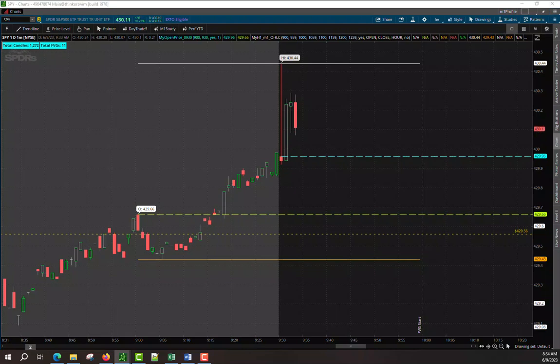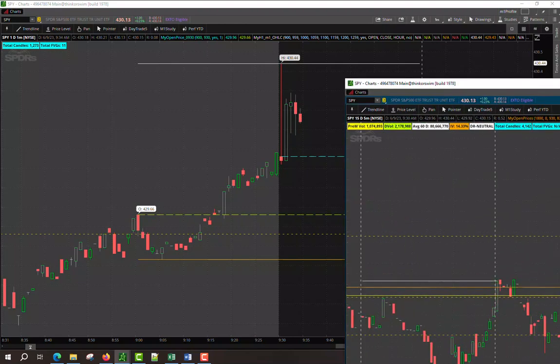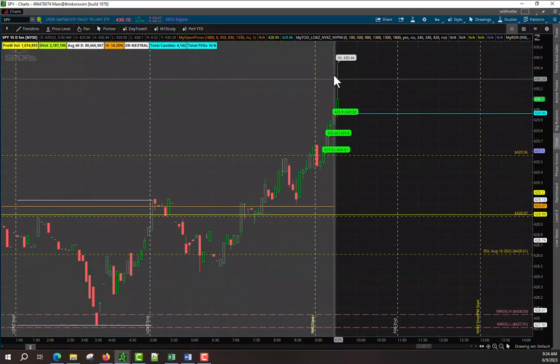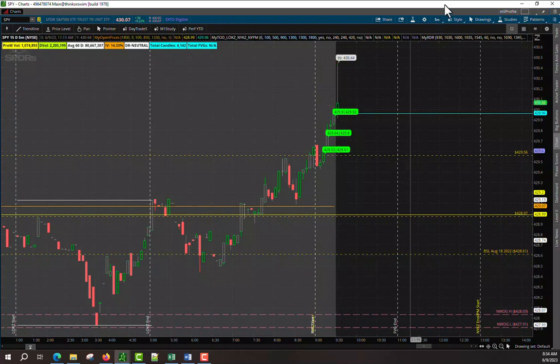Look at the 5-minute time frame. You know what? Under the 5-minute time frame, we see something different. We don't see a really big rejection right there, but it's 5 minutes, it's just 4 minutes, so it makes sense now.